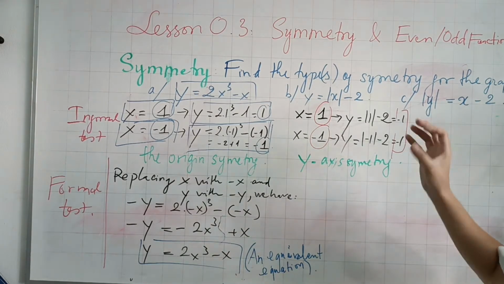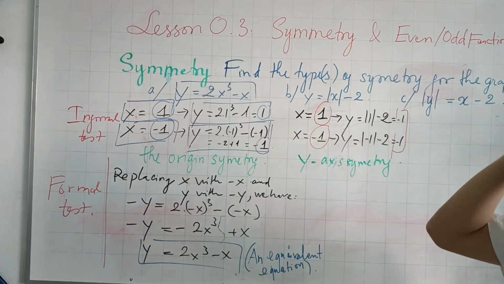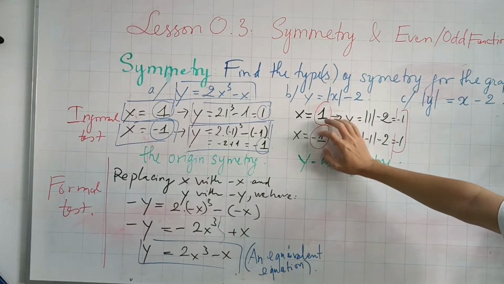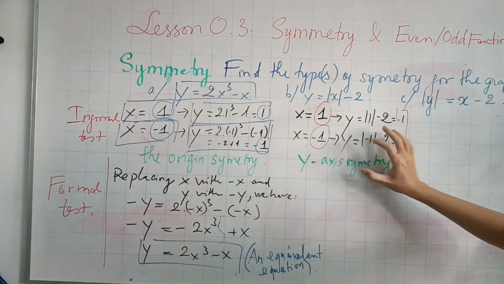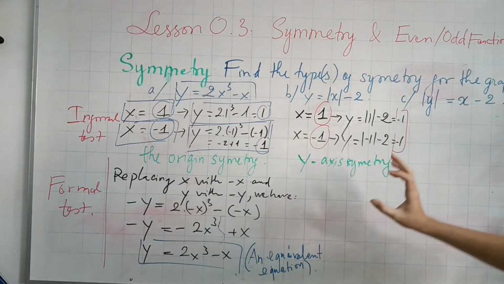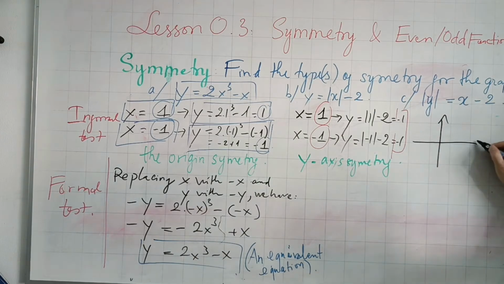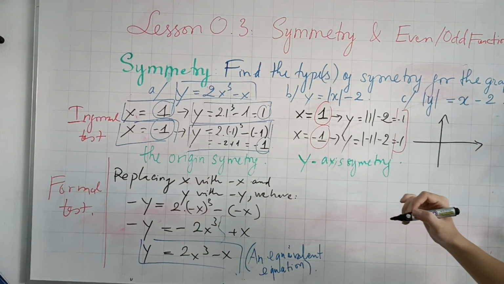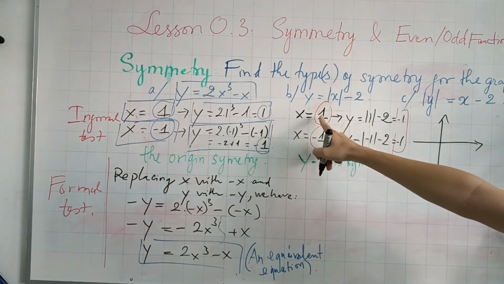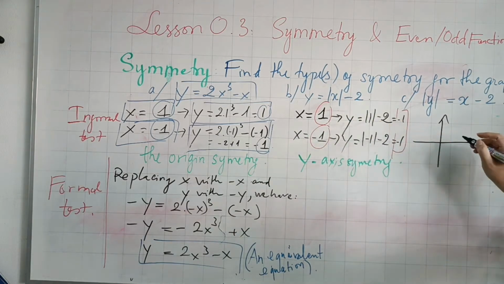So you can sketch a small rectangular coordinate system and plot 2 points in the coordinate system, and we can easily conclude. The first point is (1, -1), and the second one is (-1, -1).